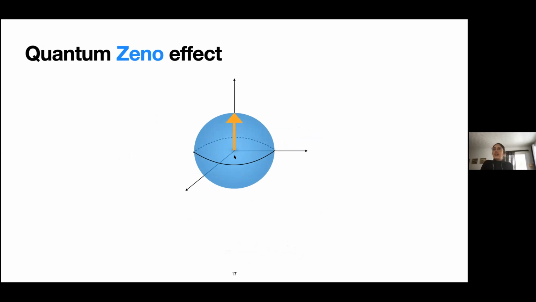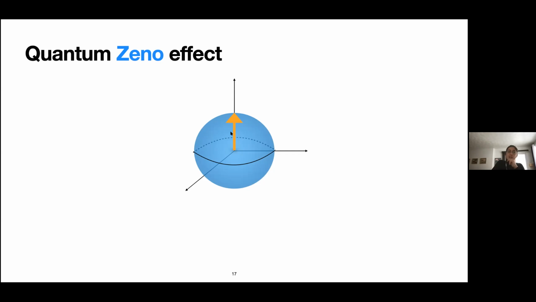This is the idea that if you have a state, here represented in the Bloch sphere, and if I repeatedly measure it along an axis, I will have a high probability of always measuring the same state, because the state won't have time to interact and change. So if I repeat some measurement in the same basis, I should always measure with high probability the same state.